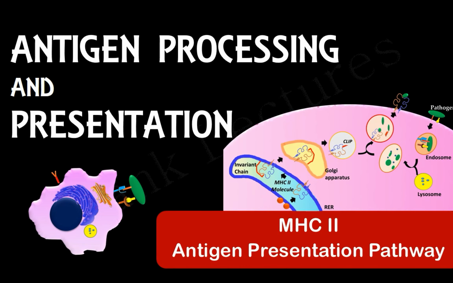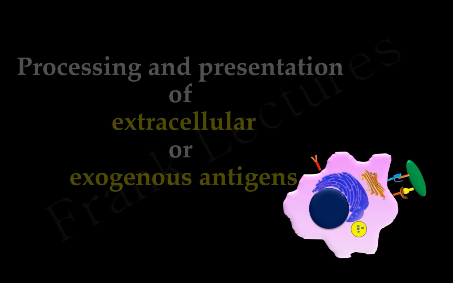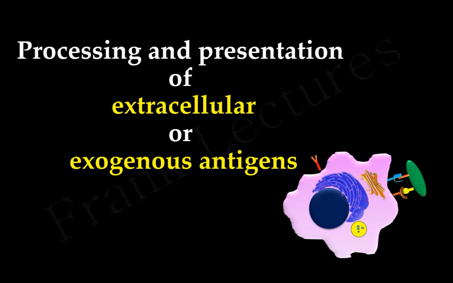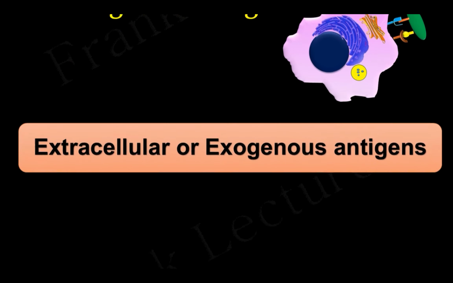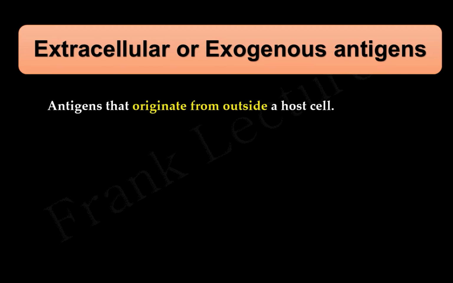In the last video lecture we saw how processing and presentation of intracellular pathogens takes place. Today we will study processing and presentation of extracellular or exogenous antigens. As the name indicates, extracellular or exogenous antigens are the antigens that originate from outside a host cell. For example, extracellular bacteria.